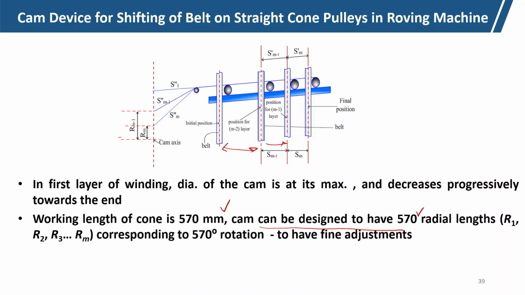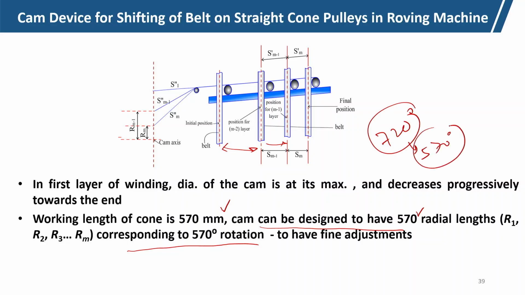So, R1, R2, R3 corresponding to 570 degree rotation, to have fine adjustment. That also we can design. Instead of 720 degree, we can have a 570 degree design of cam to adjust the cone length of 570 millimeter.